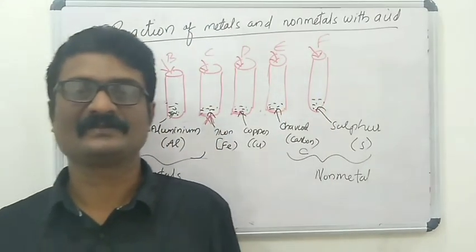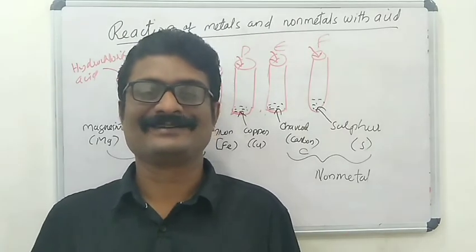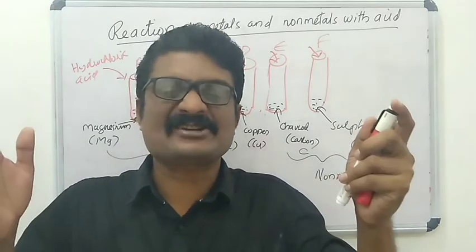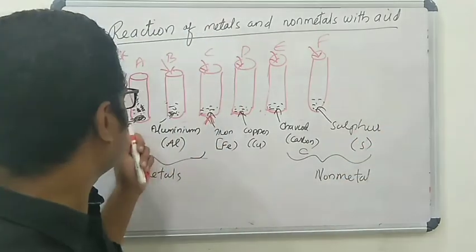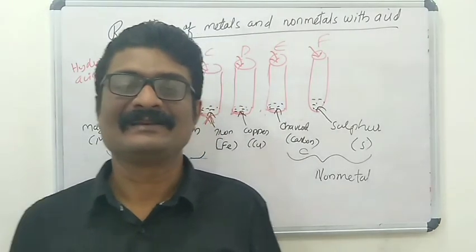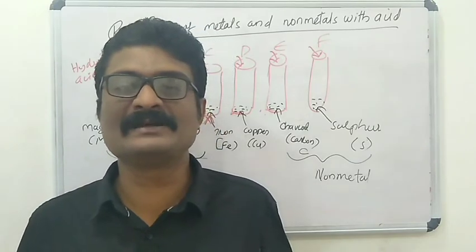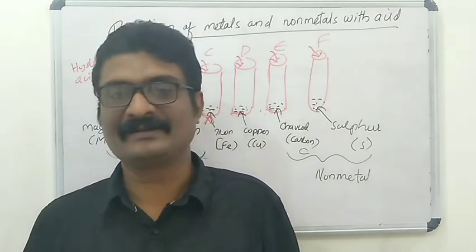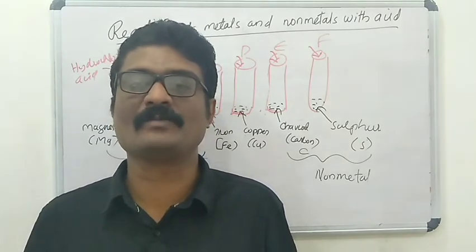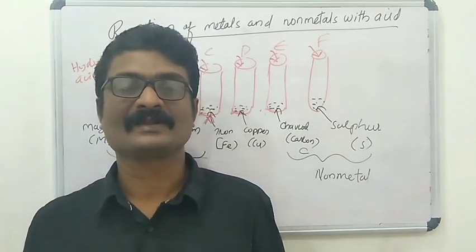You have seen that in test tubes A, B and C, where we had magnesium, aluminium and iron metal, some bubbles were formed.